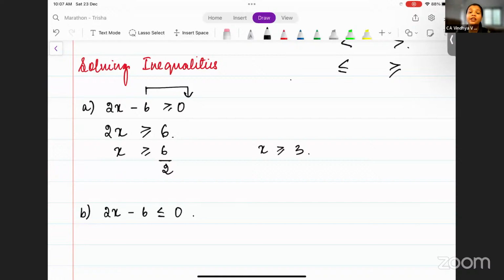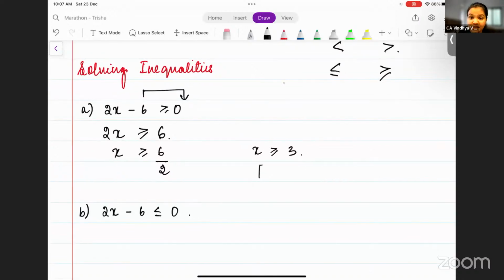When I say infinity, it means plus infinity, because anything greater than 3 should amount to plus infinity. So the values of x start from 3 up to plus infinity. This is how you denote it.